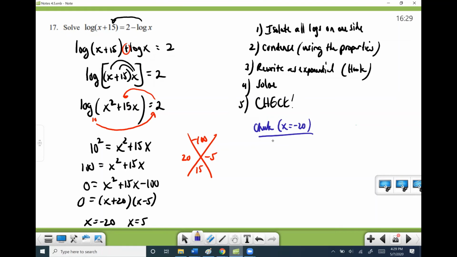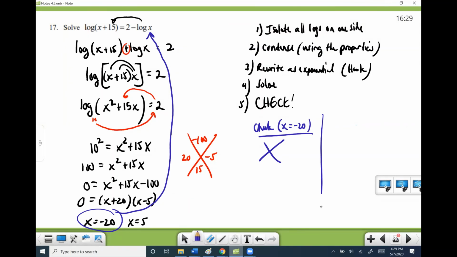We're done. We can tell already, huh? We plug negative 20. Yeah, you could do the quadratic also. If you like that better, if it was taking you a bit to get those factors, by all means, right? Can we already see this isn't gonna work, you guys? Okay, so he's out. He doesn't work in either one, by the way. We could have plugged him in here too and also have gotten a negative out.